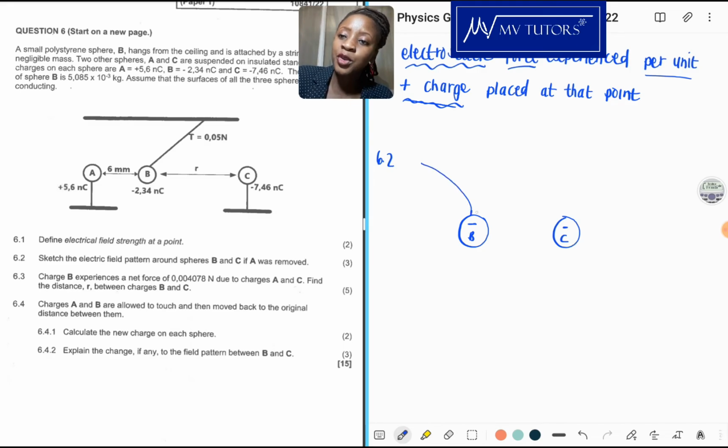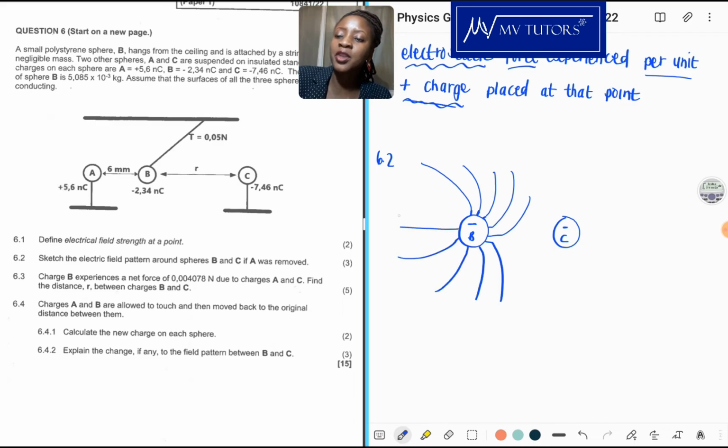Then they start to curve. So perpendicular and then it curves, and so forth. I don't know how strict they'll be on showing the perpendicular portion, but it is perpendicular.